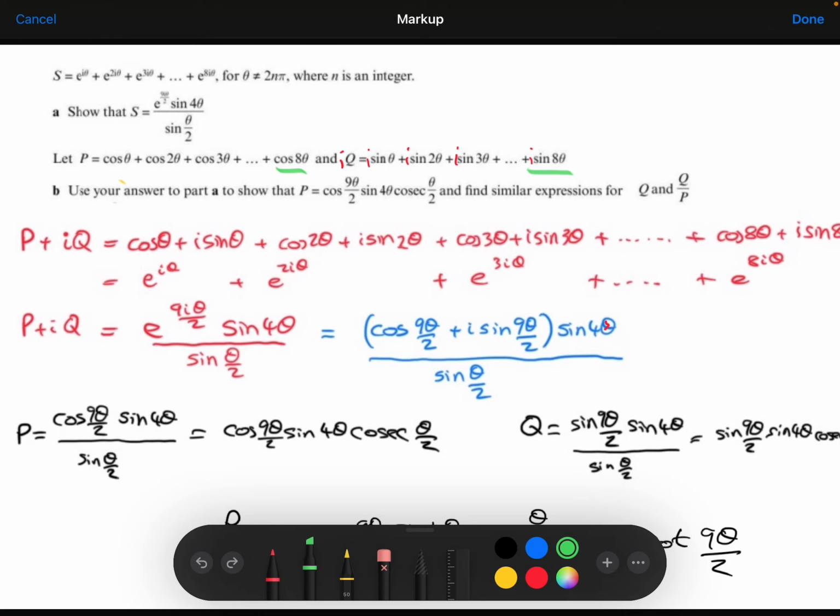I can then rewrite these in their exponential form so that I can use my result from part A of the question. Because in part A, I showed that this sum was equal to this.